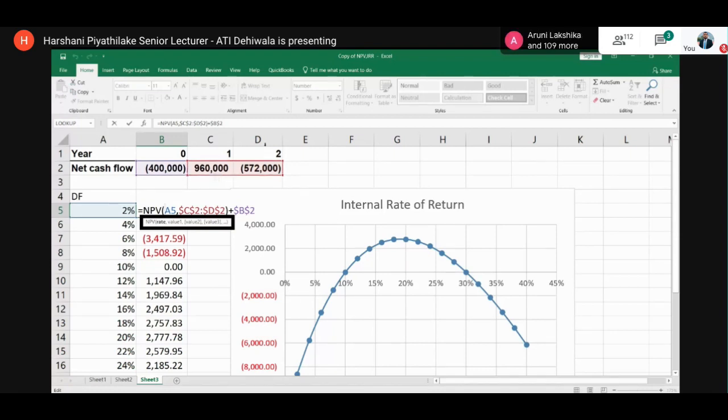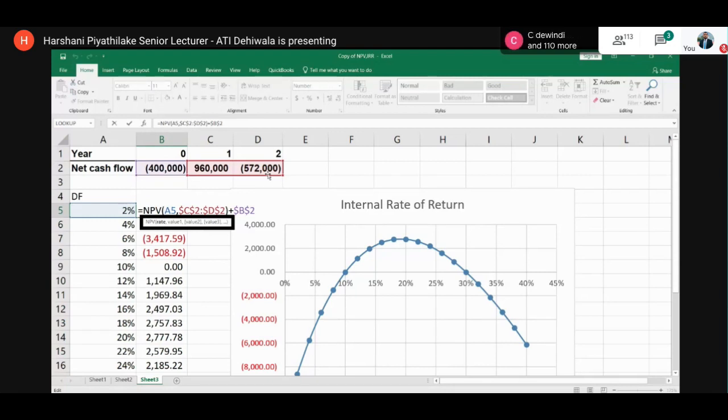Then after the second year, the cash flow is not coming in, it's going out, 572,000. Suppose that large repair, large installment fee, or large purchases you have to make, then it's coming as negative cash flows for this particular project, right?